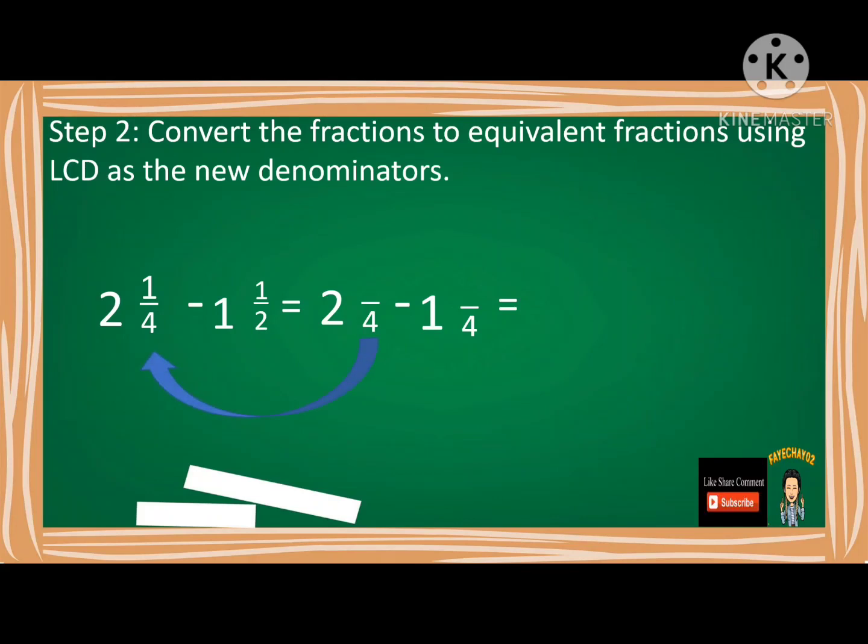Then multiply the answer by the old numerator. 1 times 1 is equal to 1. Then, repeat the process. Again, divide the LCD by the old denominator. 4 divided by 2 is equal to 2. Then multiply your answer by the numerator. 2 times 1 is equal to 2.